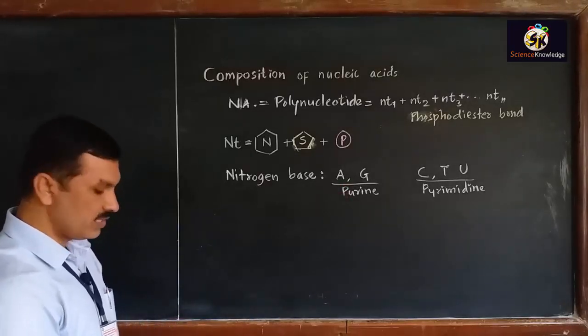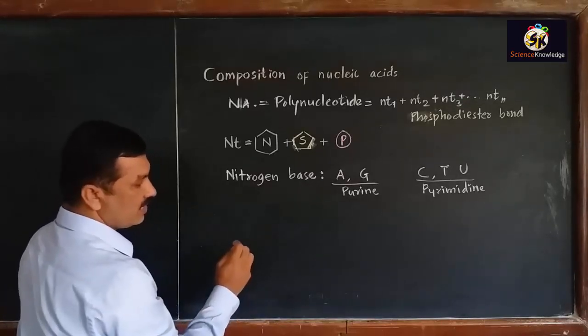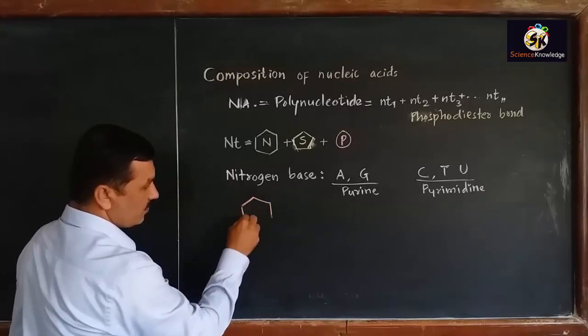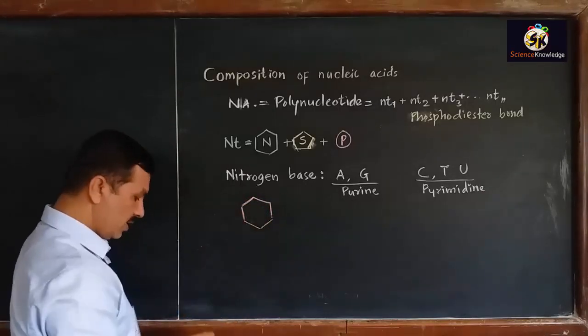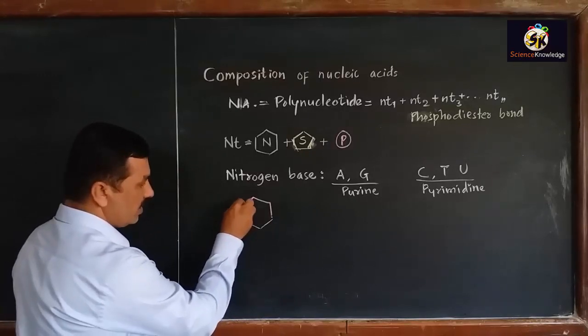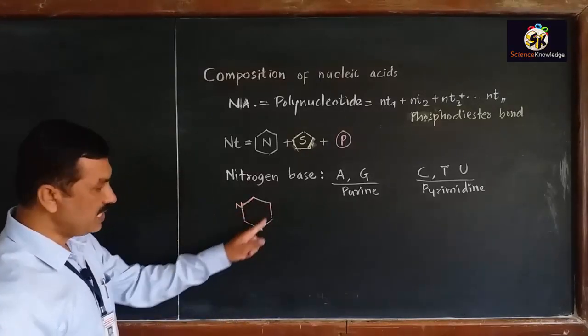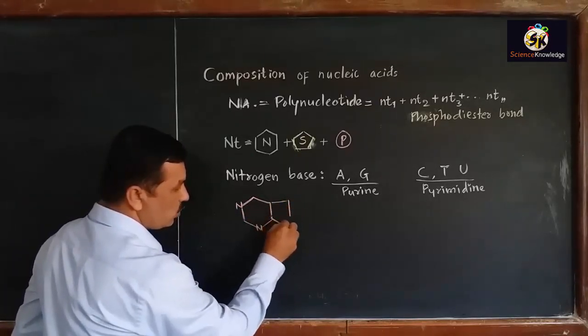For purines there is a basic structure, and this basic structure is a 6-membered ring having a nitrogen at position number 1 and position number 3. And this ring is linked with another ring which is called the imidazole ring.